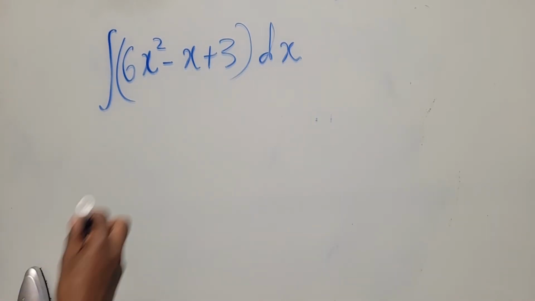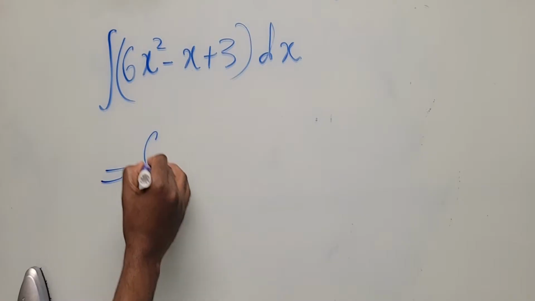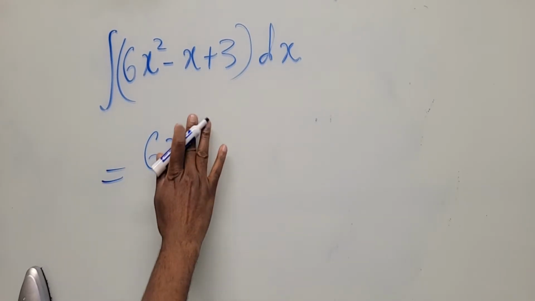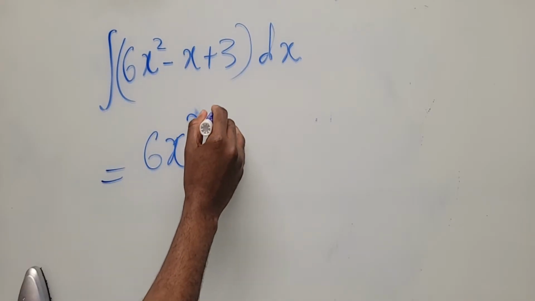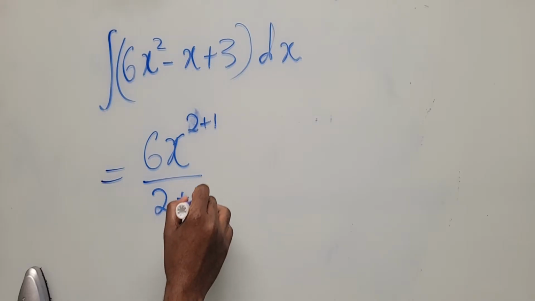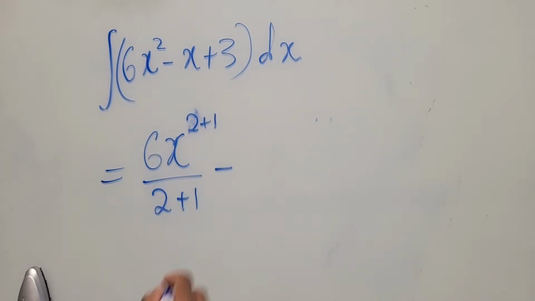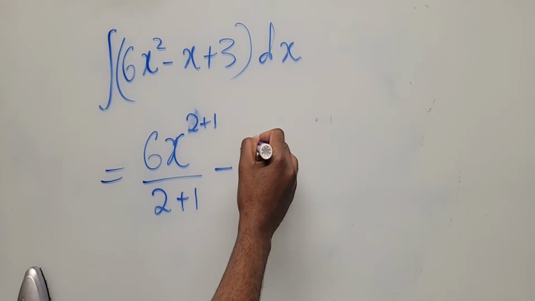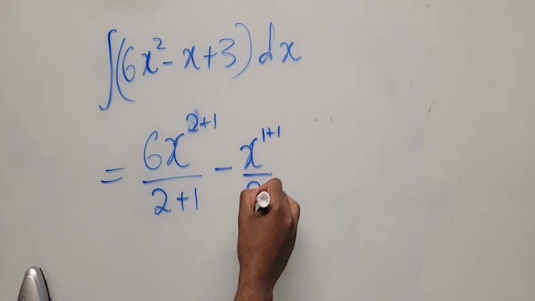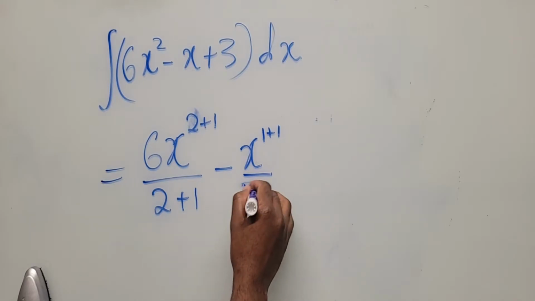So if we do that, you can see that this is just 6, then this is x. I will write 2 plus 1, right? Yeah, I'll just write everything and then I just simplify. I know we can do this faster. Then this is x. The exponent is 1, so I add 1, divided by 1 plus 1.